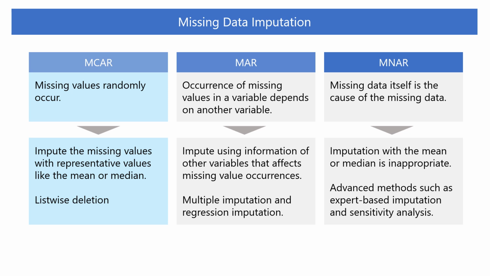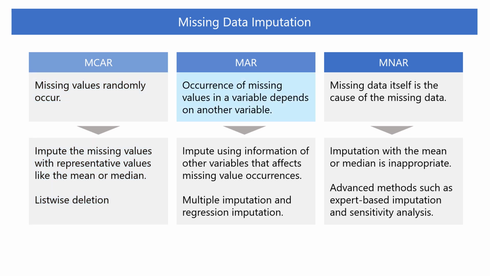Therefore, we can use simple methods such as imputing the missing values with representative values like the mean and median. For the same reason, in cases of MCAR, we can also use listwise deletion, which means deleting rows that contain missing data.